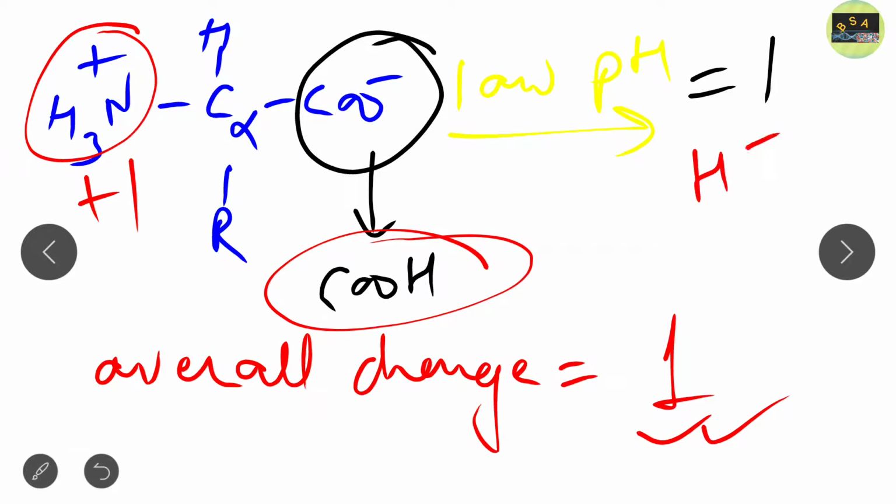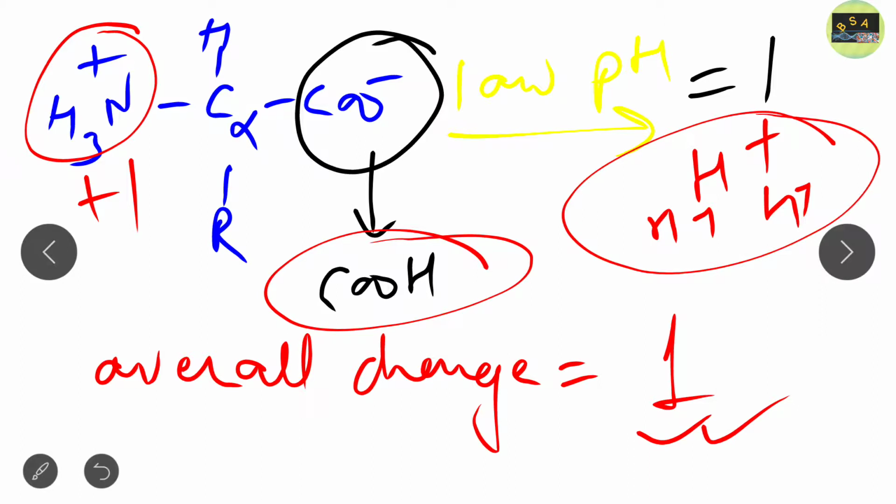Because at very low pH it contains lots of H plus ions. So the overall charge on the molecule becomes +1. Clear? I hope till this much you got a clear idea.